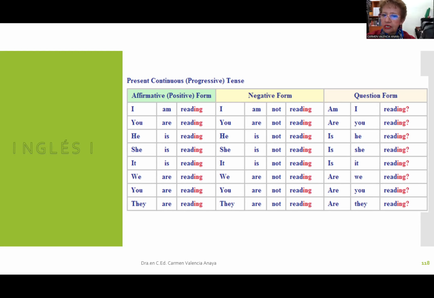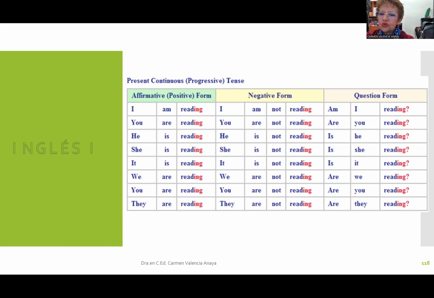I'm not, you are not, or you aren't, he is not, or he isn't, or she isn't, they are not, or they aren't, and it's going to be followed by the simple form of the verb, read, run, study, teach, learn, eat, and so on. And you're going to add ing. ing in this case is the gerund, el gerundio, ando, endo, yendo, okay?